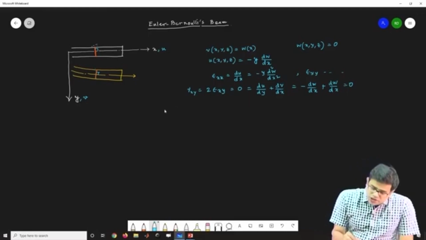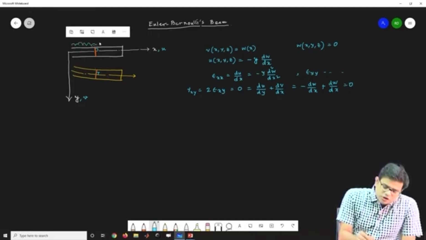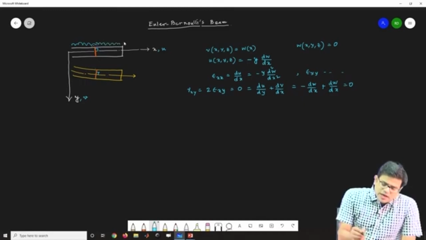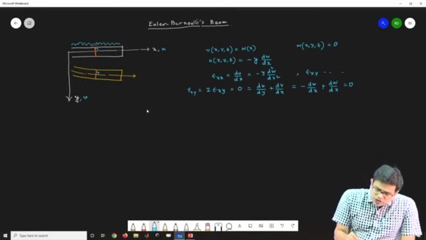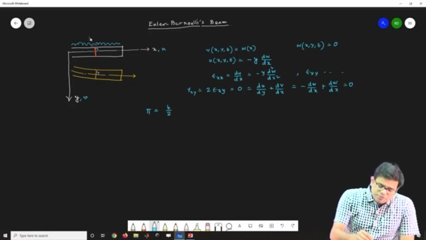And then the potential energy of the beam, if the beam is loaded with some kind of force, which need not be a UDL, I am just assuming a UDL. The potential energy of the beam is nothing but the integral of b by 2, where b is the width of the beam. In this direction the width is b.